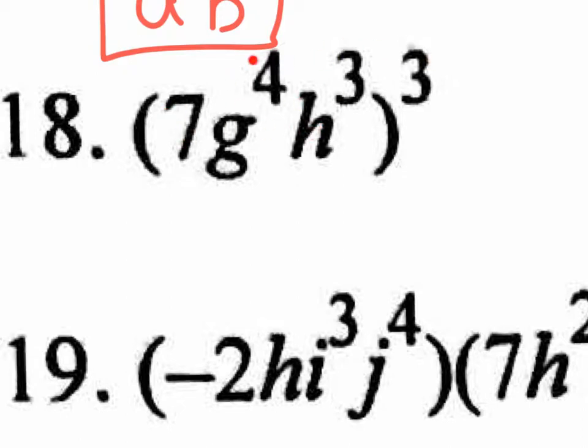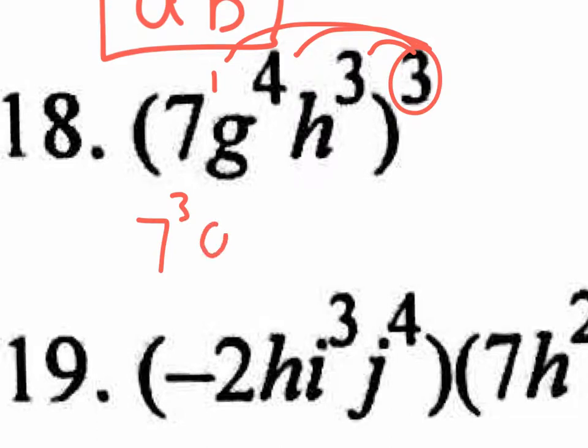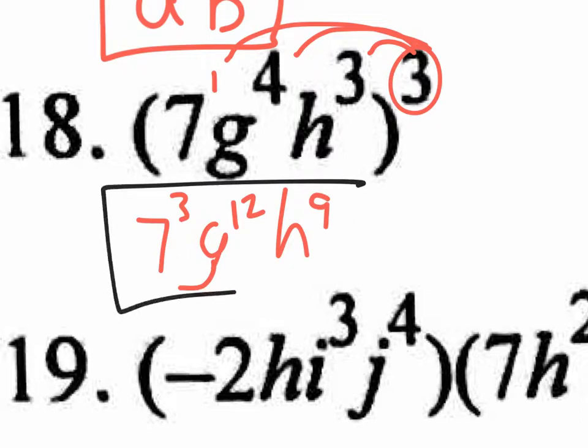But because it's a monomial, it's all multiplication in here, you can distribute the outside exponent of 3 to the exponent that's on the 7, which is an invisible 1, and you're going to multiply. And then you're going to multiply times the 4, multiply times the 3. So you really end up with 7 to the 3rd, g to the 12th, h to the 9th.